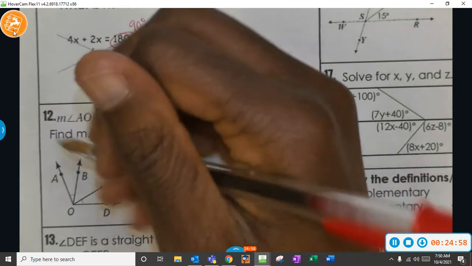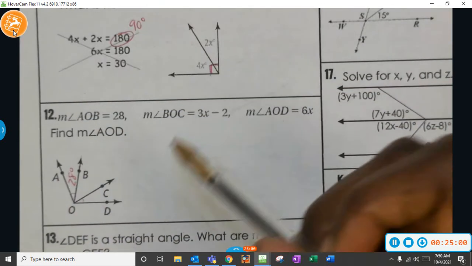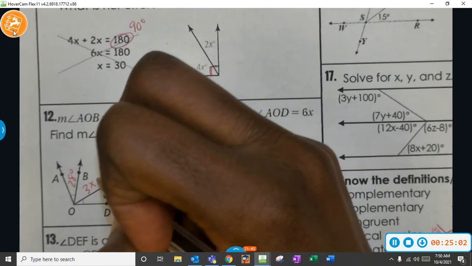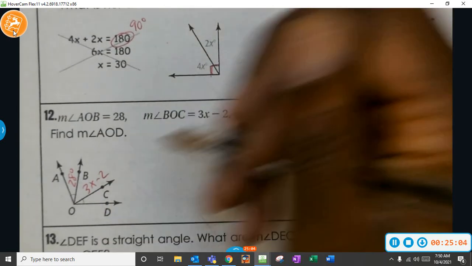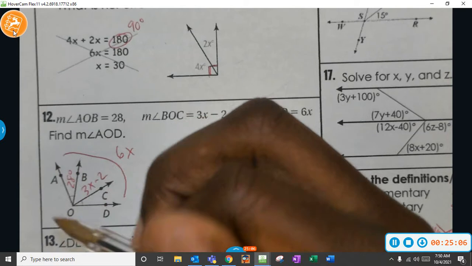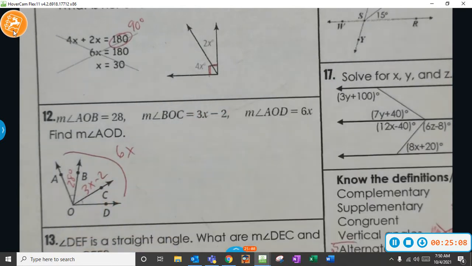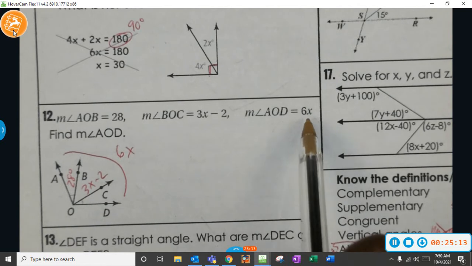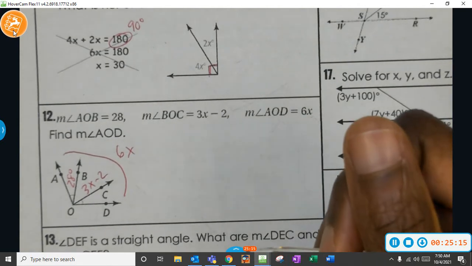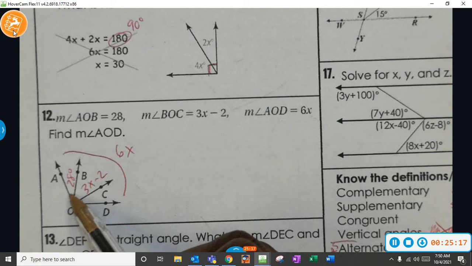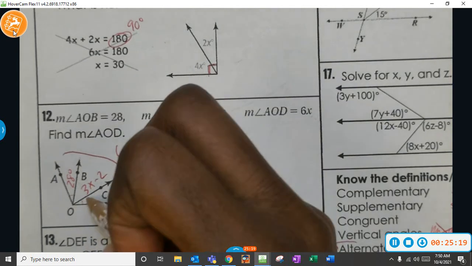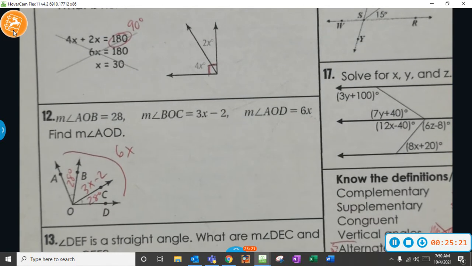Okay, the measure of angle AOB is 28. BOC is 3x minus 2. And AOD, the whole thing, is 6x. What is AOD? We know AOD is 6x, but they want to know, if you find x and plug it in, what is it? In the picture, this has a marking one angle bend and this one does, so this is automatically the same thing, 28.